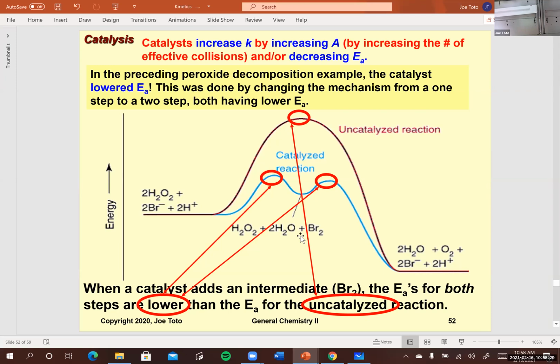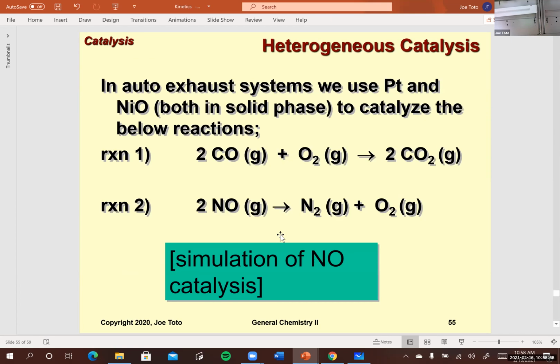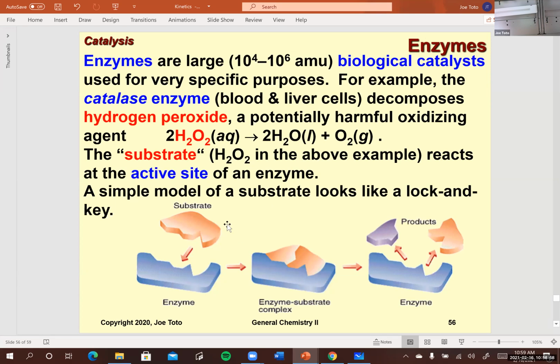Now, the other slides here, heterogeneous catalyst versus homogeneous. Okay, so what? Big deal. Heterogeneous is two different phases, solid, liquid, gas. Adsorption is when you have a solid that interacts with a reactant to weaken its bonds and therefore make it easier to break. So, there's all different types of catalysts and biological catalysts.